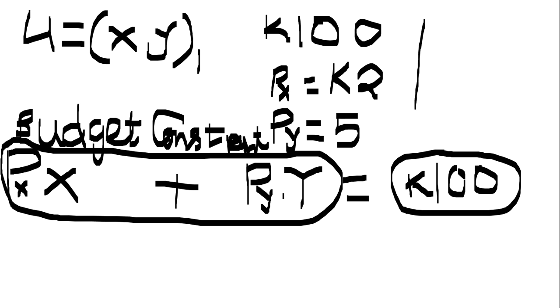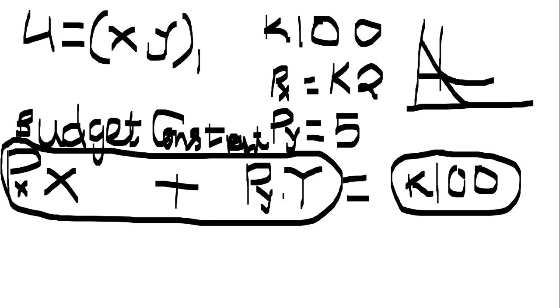So in microeconomics, there is what we call utility maximization using the indifference curves. I don't know if you've seen that before. What we are saying is that, given that your budget constraint or your budget line is this line here, and this is your indifference curve, you cannot consume beyond this budget line.